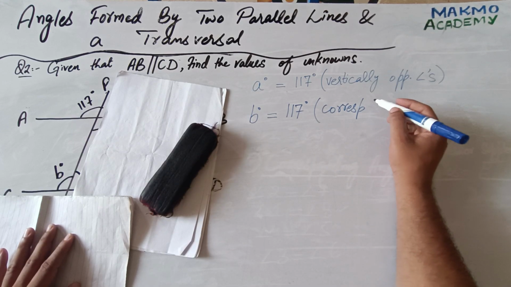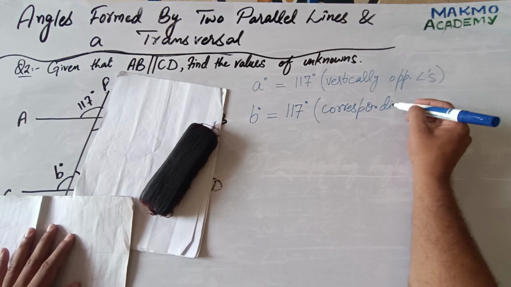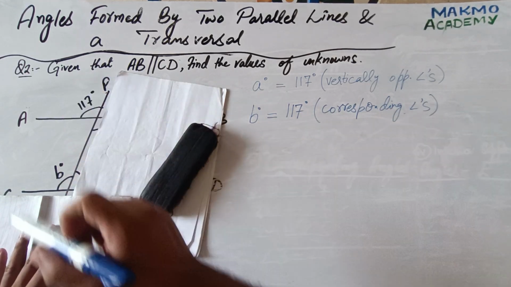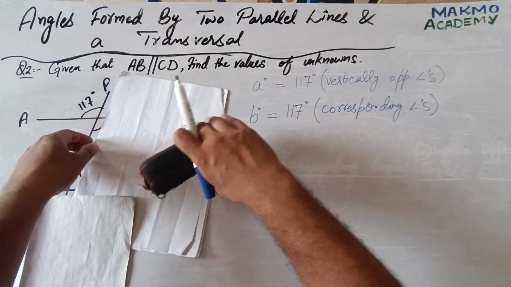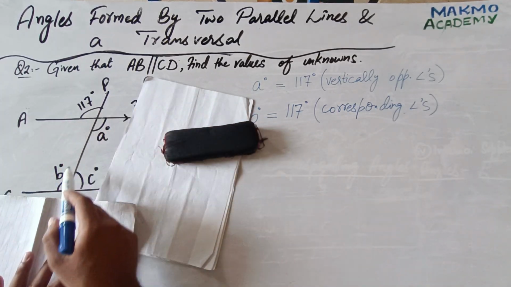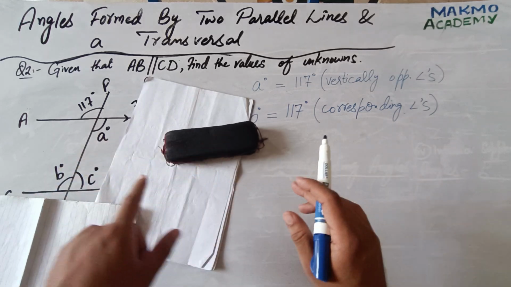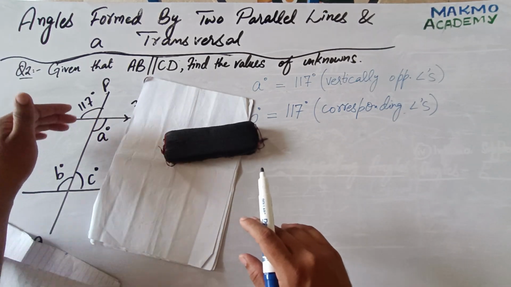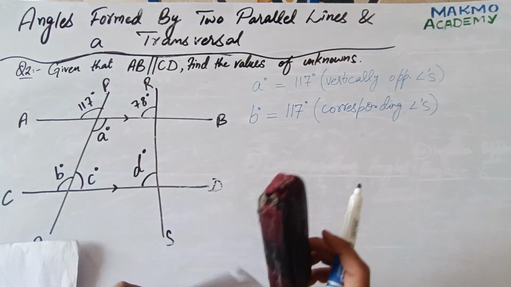There is one more way. B and 117 are corresponding with each other, but A and B are alternate angles. They are making the letter Z. So if you give the answer with this perspective, that is also correct. If you give the answer with corresponding angles, both are correct.